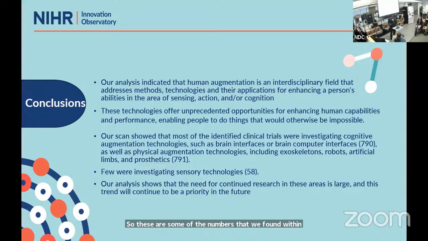So just to conclude, we have written a paper on this, and it's going to be published imminently. So if anyone wants to read more about it, you can contact me or any of my colleagues. But in terms of the conclusion, we found that these human augmentation technologies offer great and unprecedented opportunities for enhancing human capabilities and performance, and also they enable people to do things that they would otherwise not be able to do.